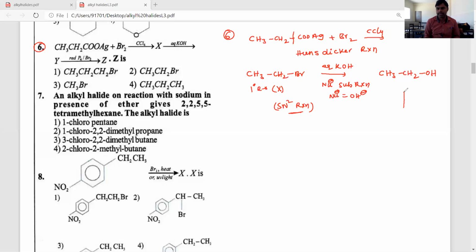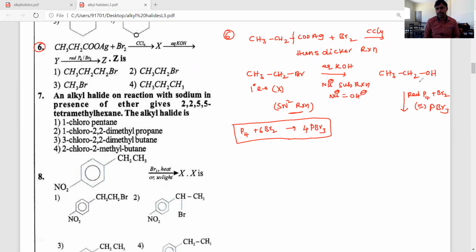This alcohol is again treated with red phosphorus and bromine. Red phosphorus and bromine react to form PBr3. Here 4 moles of phosphorus and 6 moles of bromine give phosphorus tribromide.